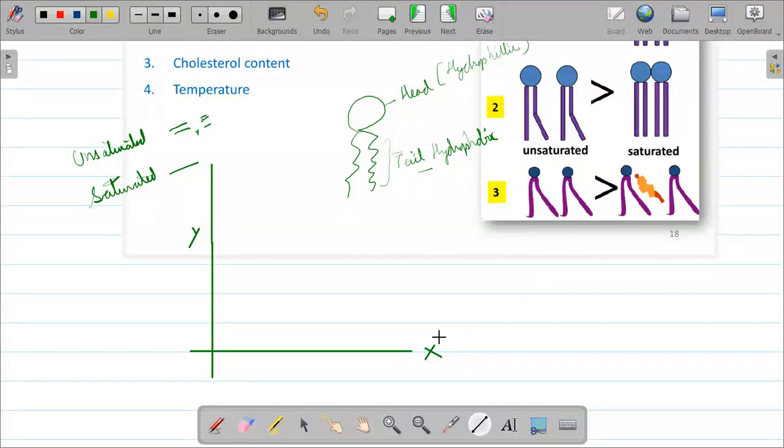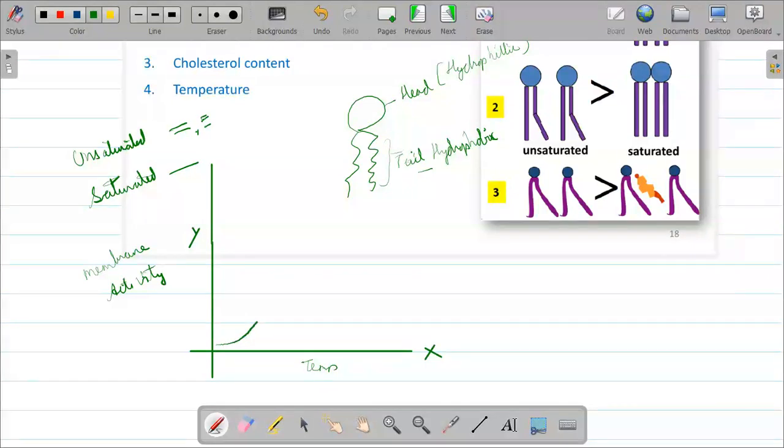X axis, Y axis. When I look at the membrane activity, in the Y axis I'm considering the membrane activity, that is the lateral transport of molecules. In the x axis, let me go with temperature. At lower temperature, membrane activity is low.